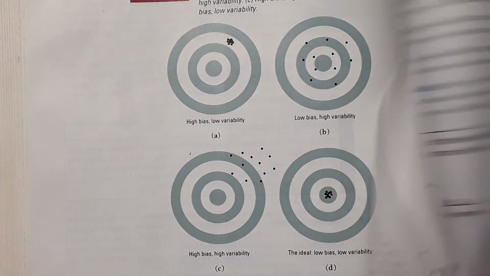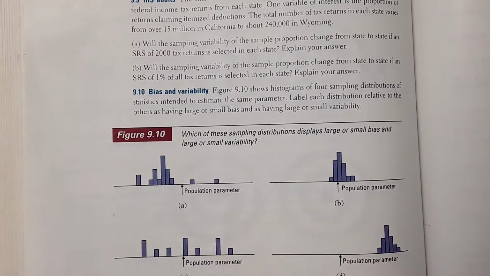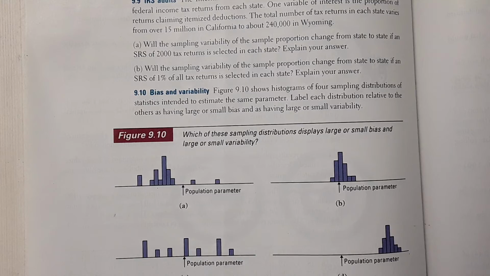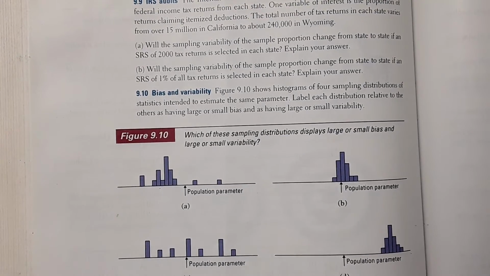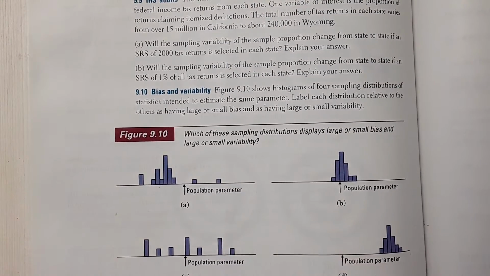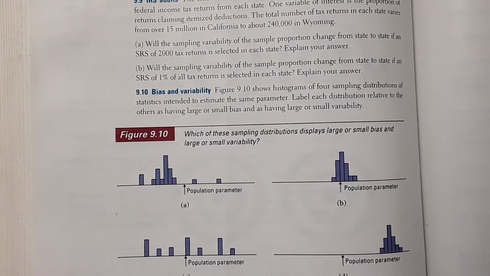And then I want you to look at page 578, and I want you to do problem 9.10, bias and variability, and look at this page right here and see if we can answer it. Let's see. What do we think A is? So these are your options: high bias, low variability; high bias, high variability; low, low; low, high.